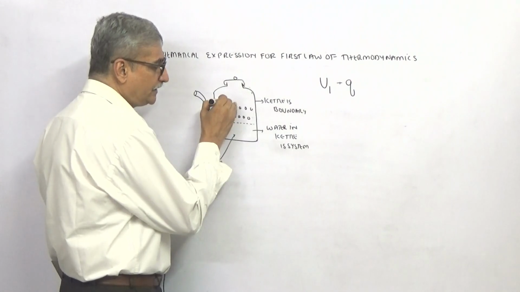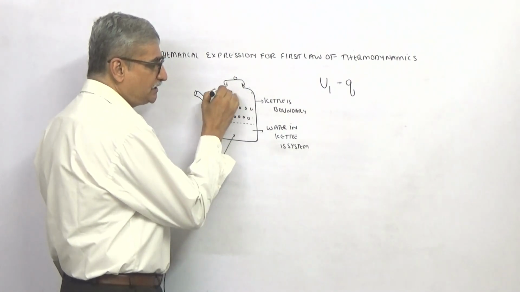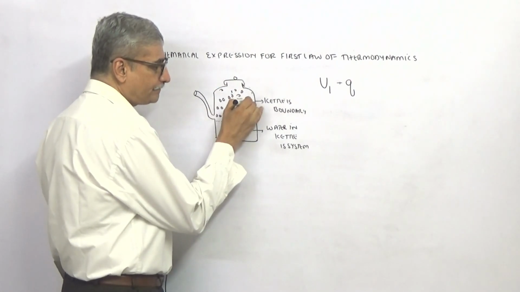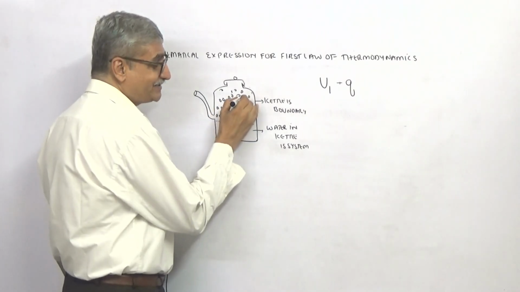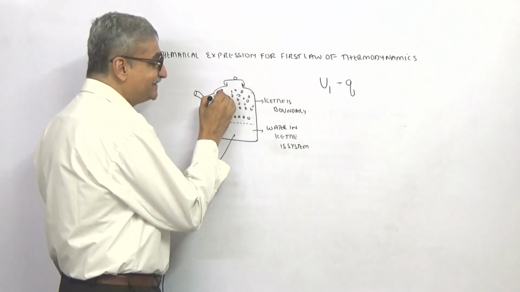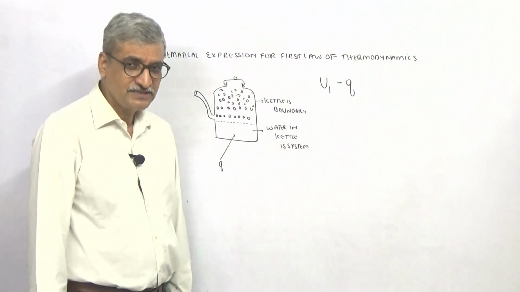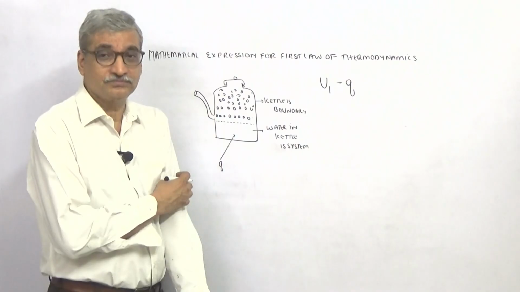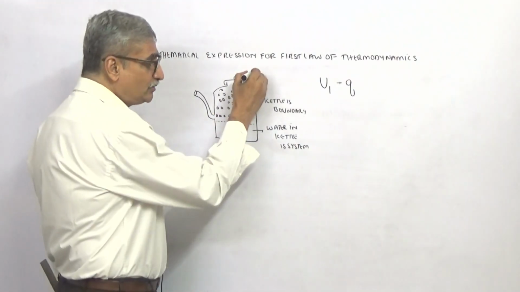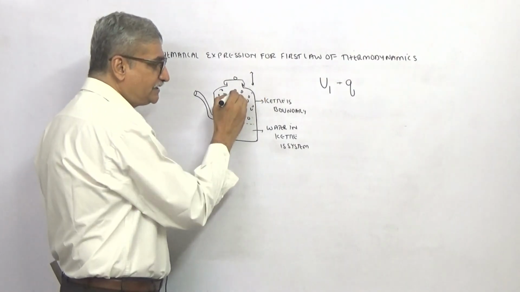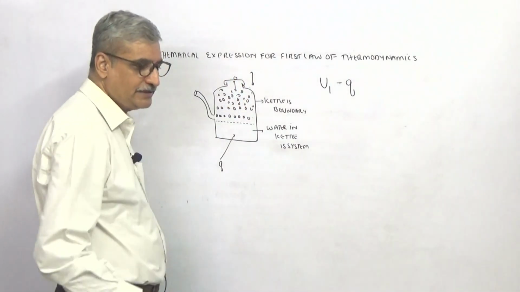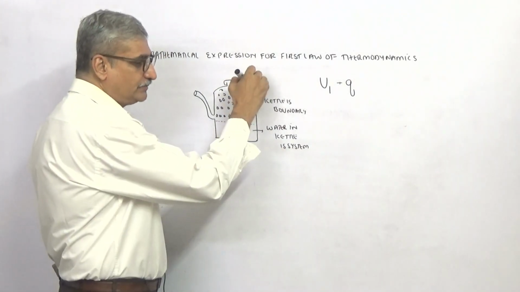It went in converting the liquid into steam. Sorry, I've gone crazy. And what did the steam do? The steam applied pressure on the lid and the lid started moving up and down.